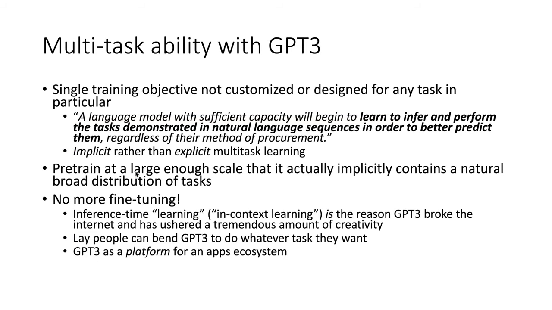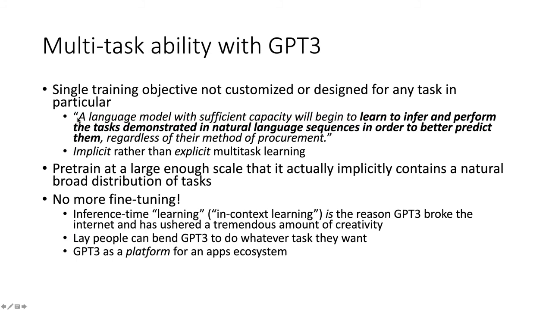Now we're going to go over how GPT-3 wants to do this. Instead of trying to have multiple objectives, it's going to have one single training objective that is not customized or designed for any task in particular. That's the language modeling task, which is just predicting the next word.